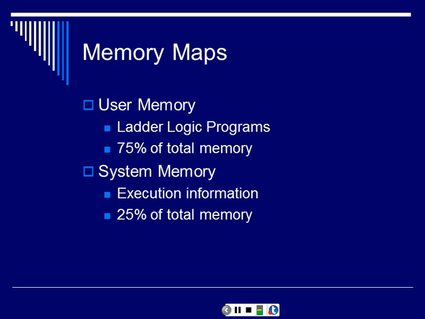All right. I think this was one of your questions that you had on Chapter 2, but we have two different types of memory in the PLC. We have user memory and we have system memory. I'm going to do these backwards. The system memory is all of the programs that need to be there so it knows what to do.